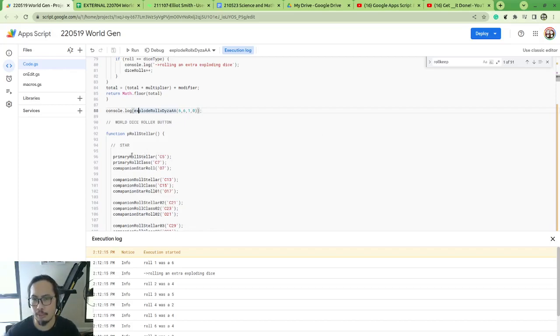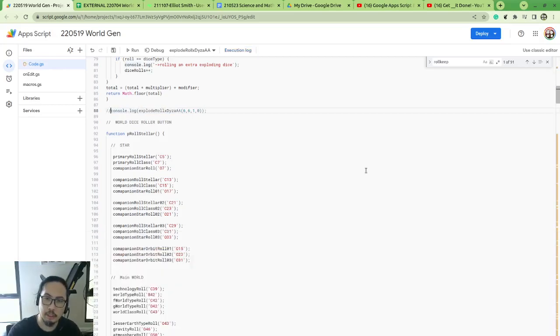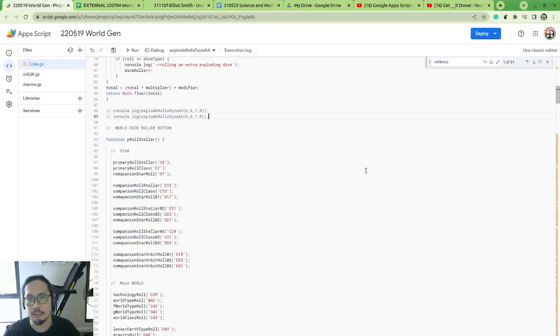Let's turn it into a comment, copy paste it. Let's make it a function: exploding dice test function.